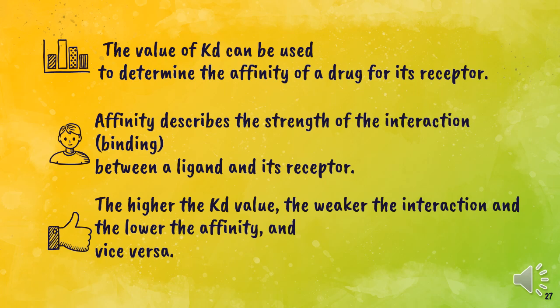That is, we have to increase the dose. So this is proof that the higher the Kd value, the weaker the interaction. It will take more time for the interaction to take place between ligand and its receptors. So the lower the affinity, and vice versa.